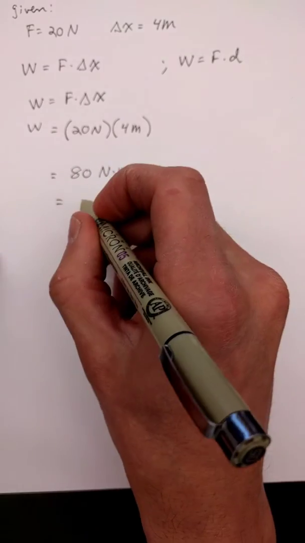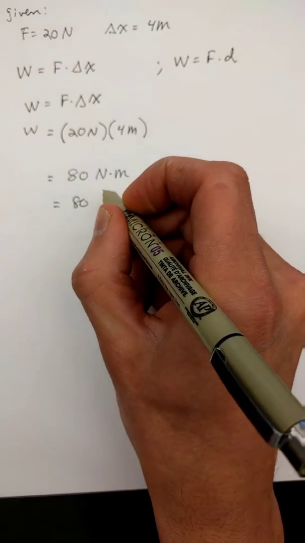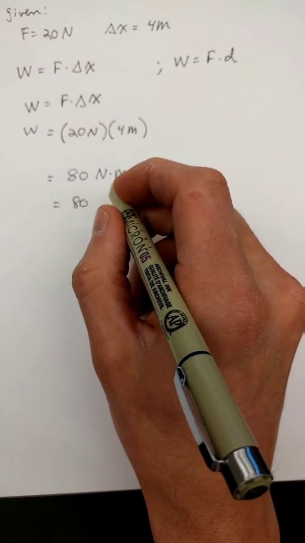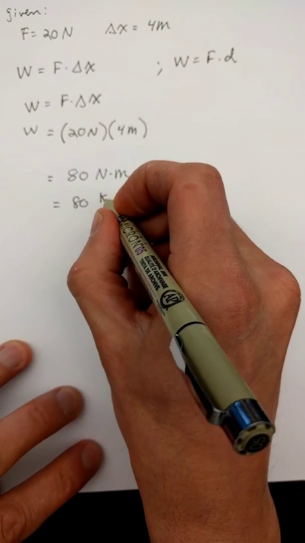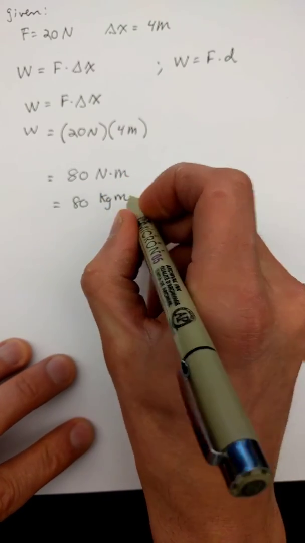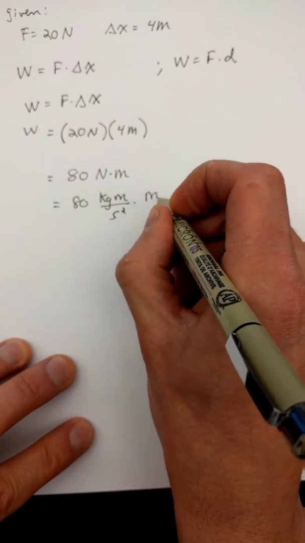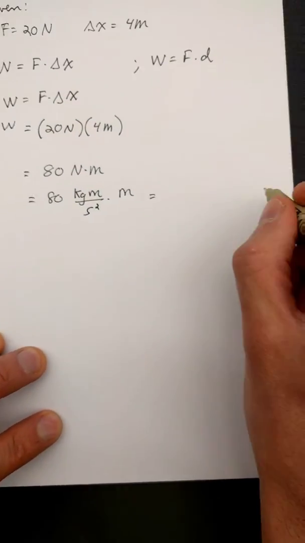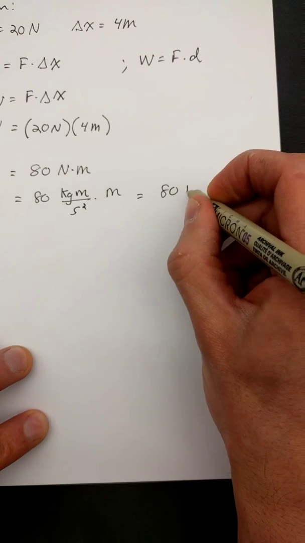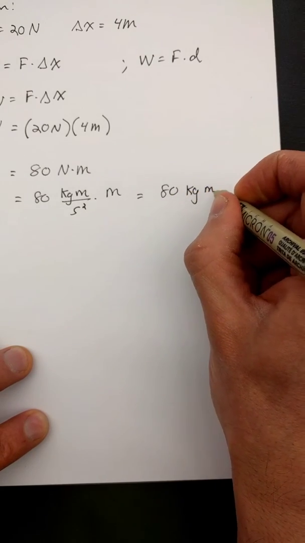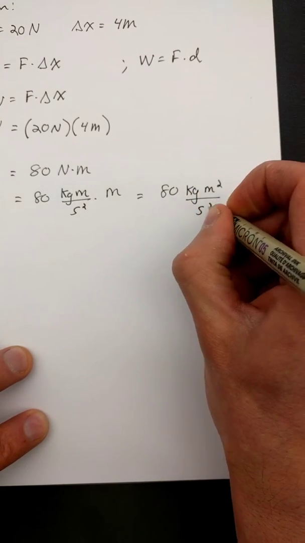So we're going to split up our Newton into its definition. Kilogram meters per second squared times a meter, which gives us 80 kilogram meters squared per second squared.